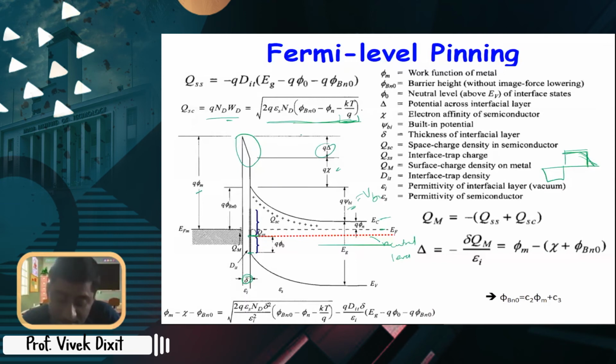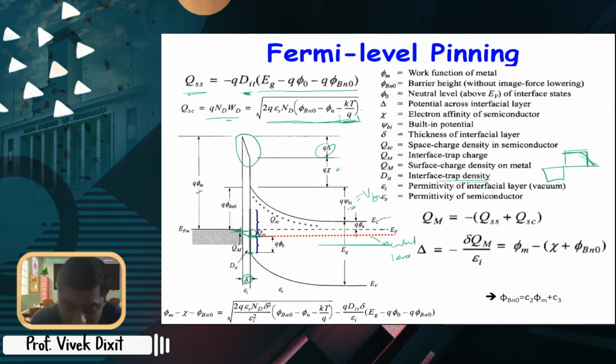Now at the interface, the charge is given by the density of states called D IT, the interface trap density, the number of traps. So it's like density of states, times the energy. Now energy of which region? Energy from the Fermi level in the metal to the neutral level, because these are filled. If it is exactly at Q phi naught, this charge will be 0, because this is a neutral level.